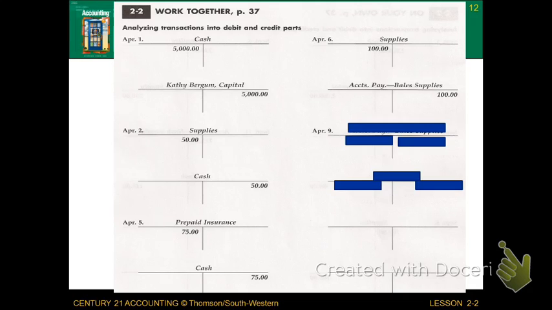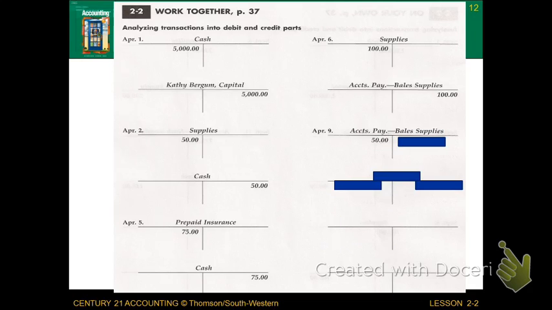April the 9th, paid cash on account to Bales Supplies for $50. Okay? So just like in the example we just saw earlier from the publisher, they're listing their accounts payable first, so we're going to decrease the amount of accounts payable by listing our debit.